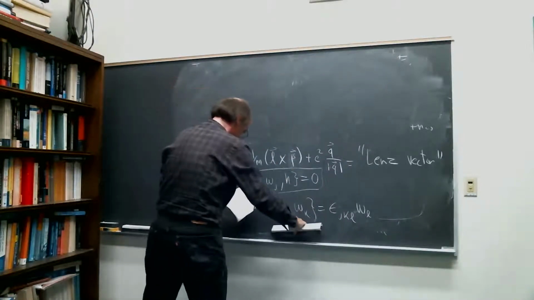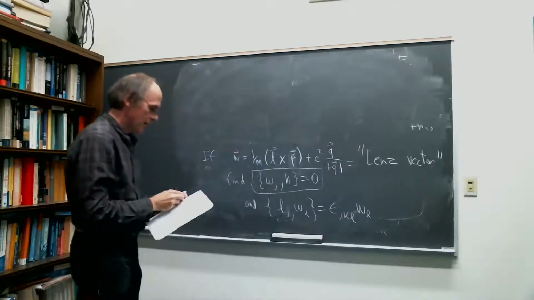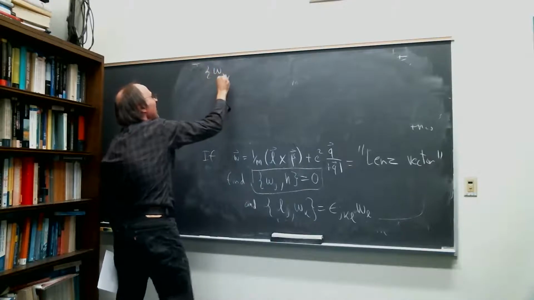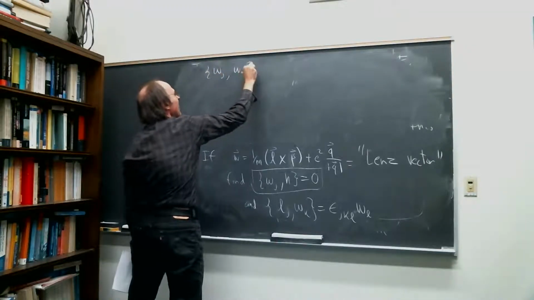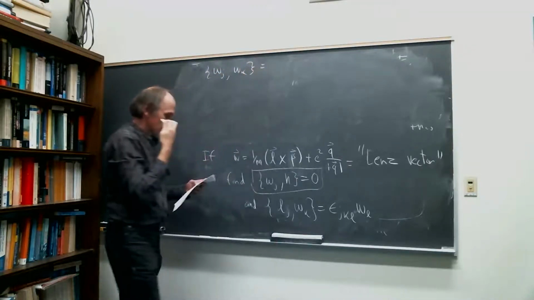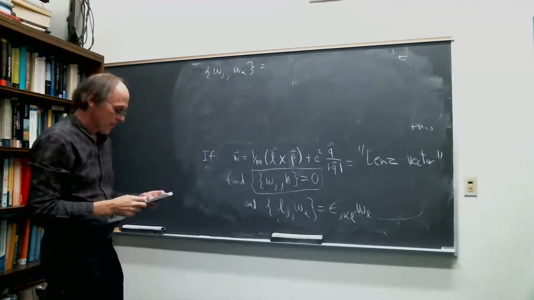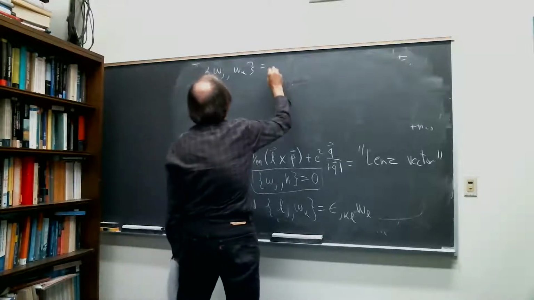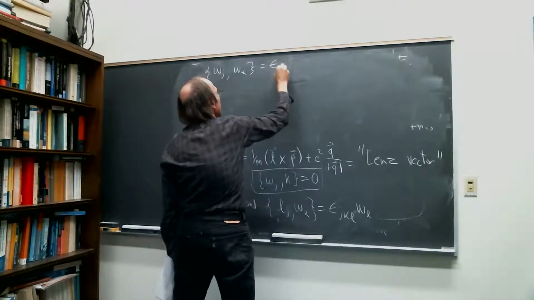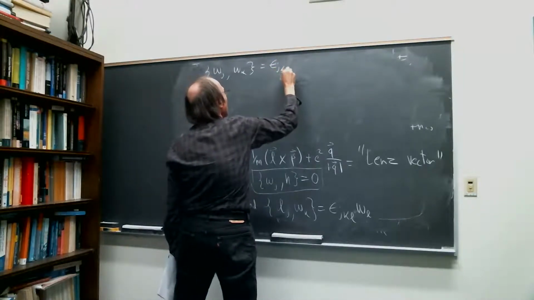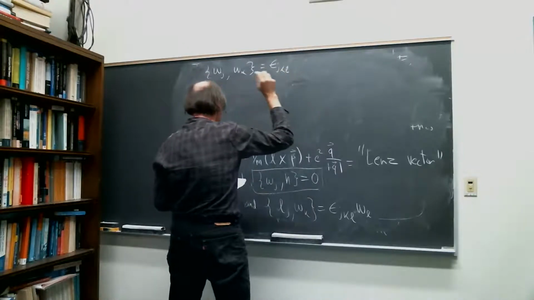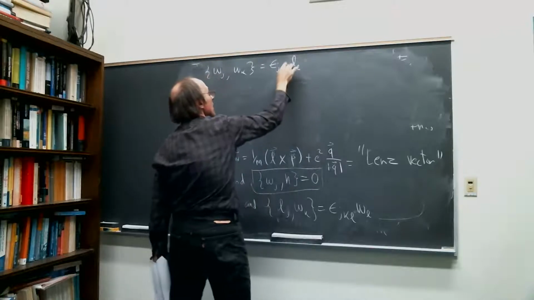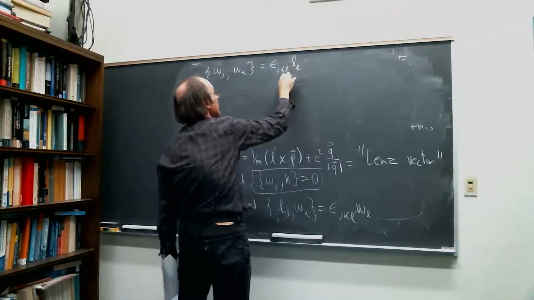You have to do this computation, and you find that the Poisson bracket of W_j, W_k gives epsilon_jkl L_l, sorry, this L is the angular momentum, and this is the indexing l.